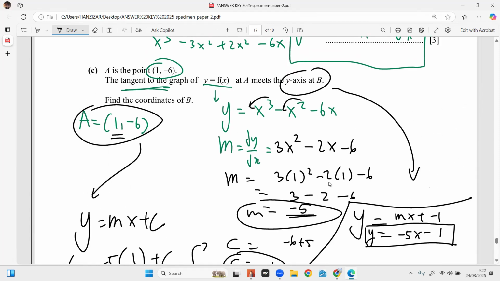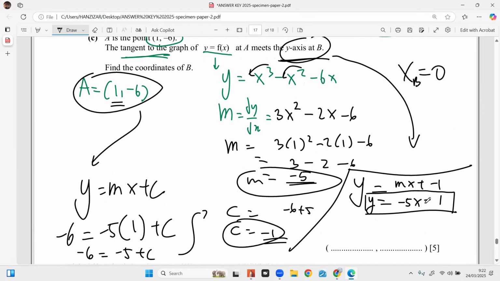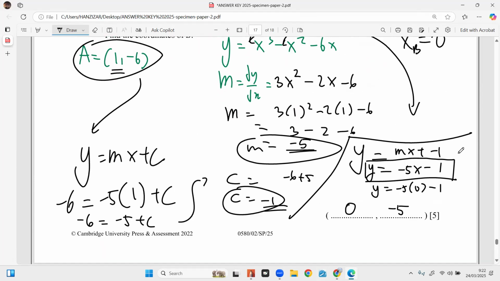And meeting the y-axis at B means x at B equals 0, right? So x is 0, and y equals -5 times 0 minus 1, which is -1. That's all. Crazy, bro. It's hard. Okay, thank you.